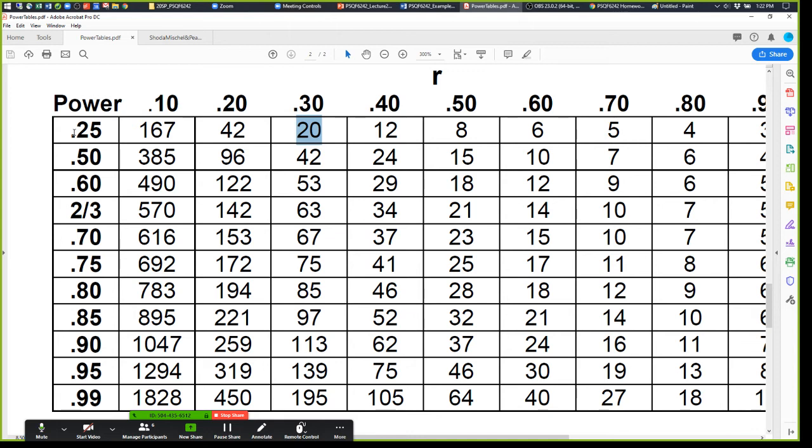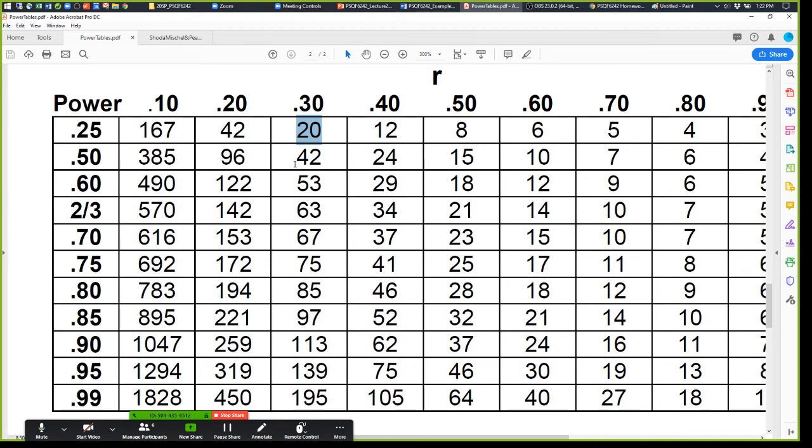So if I accept a power of 0.25, 75% type 2 error rate. The probability of missing something that's there would be 75%. That's bad, right? So we don't plan studies with 20 people if we can help it.